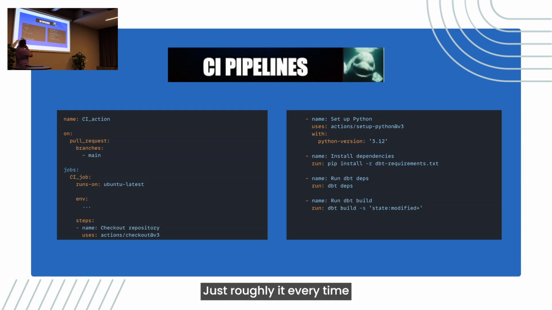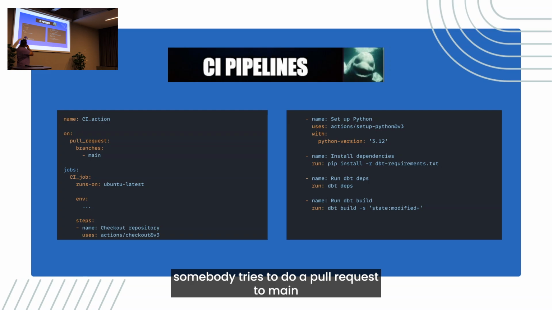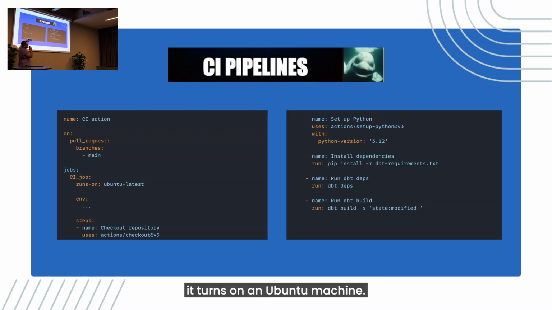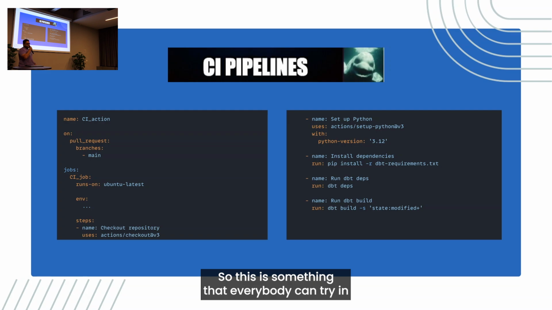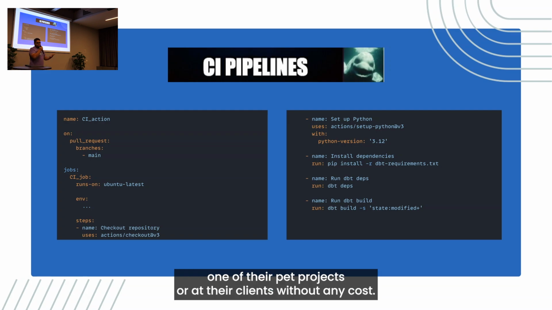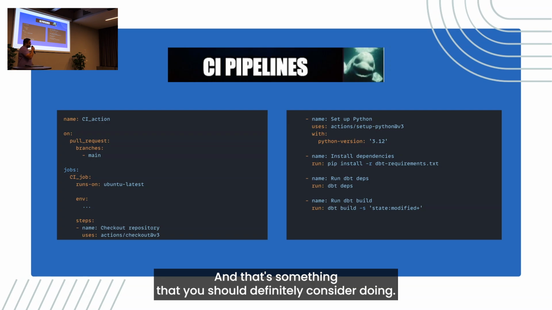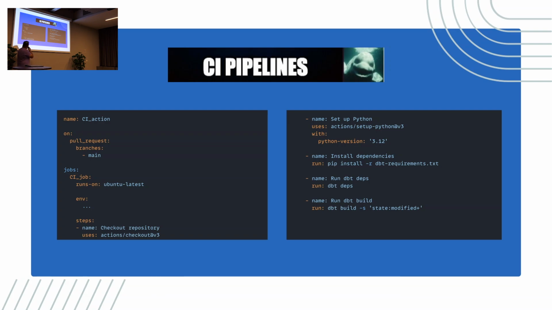Just roughly, every time somebody tries to do a pull request to main, it turns on an Ubuntu machine, which, by the way, GitHub does. Their free tier is super generous, so this is something that everybody can try in one of their pet projects or other clients without any cost, and that's something that you should definitely consider doing.